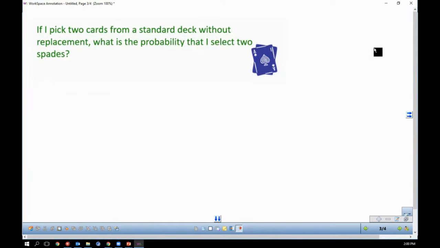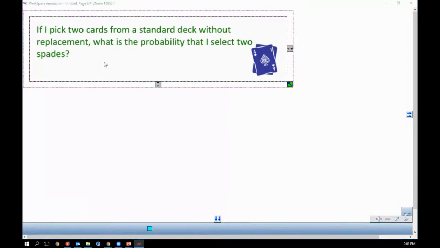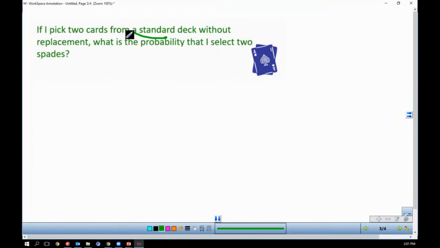Okay, so I'm going to draw two cards from a standard deck of cards. In a standard deck of cards, how many total cards are there? 52. So a standard deck has 52 cards.